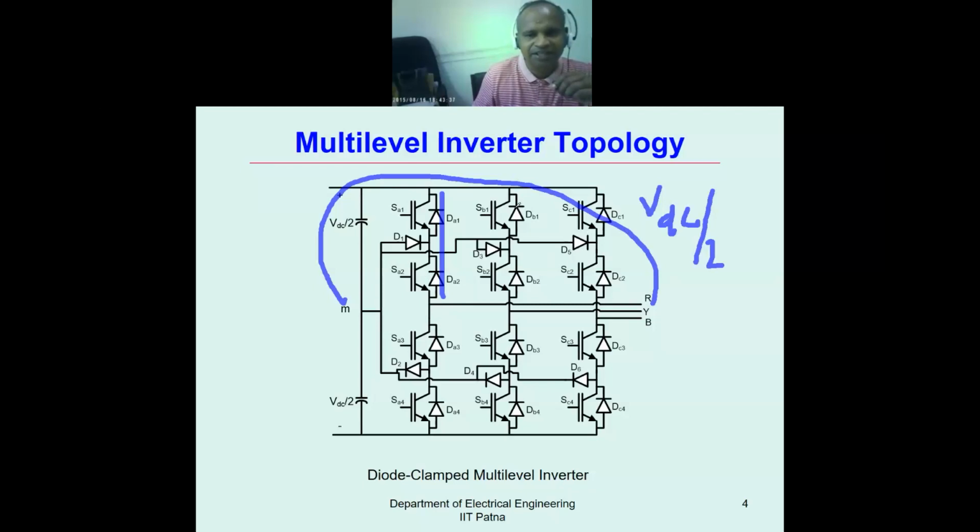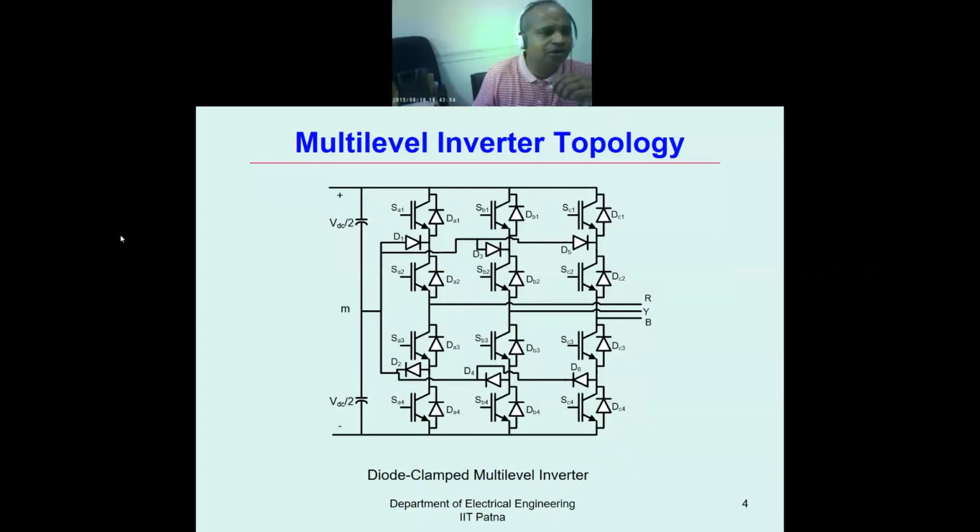When the lower two switches are on, this voltage Rm is minus VDC by 2.